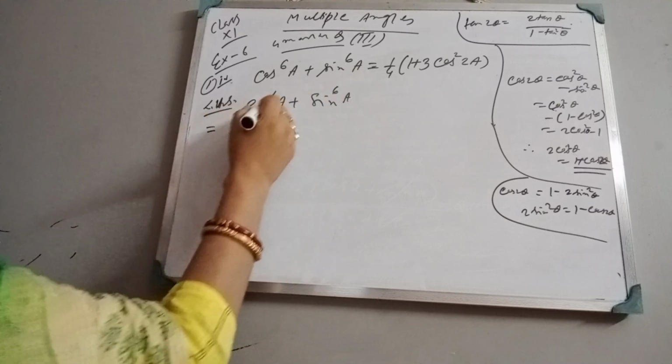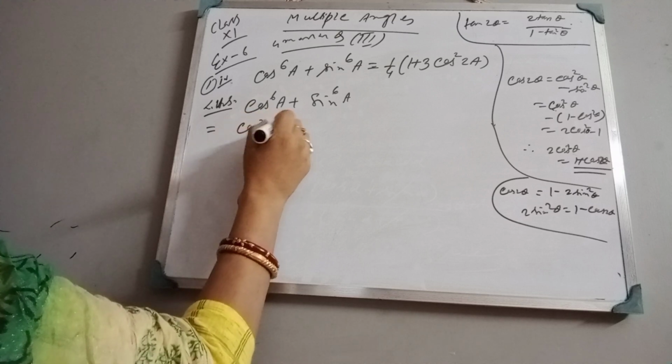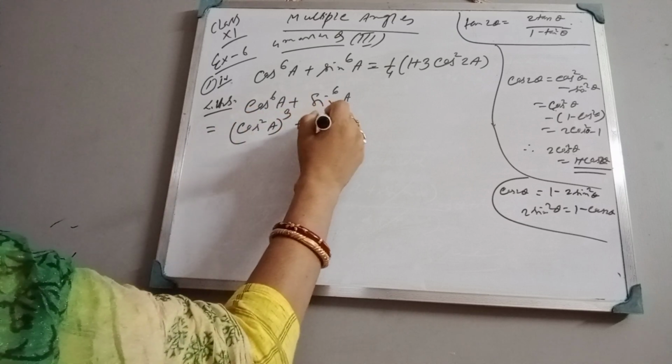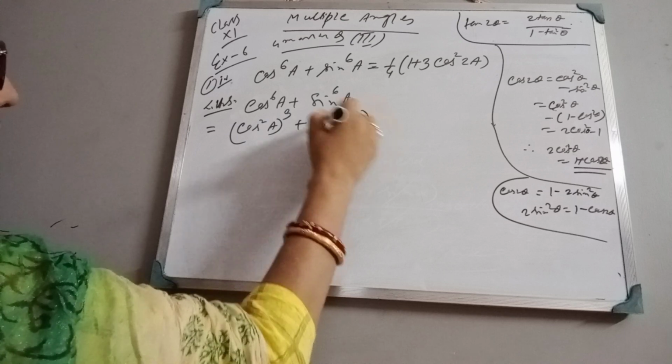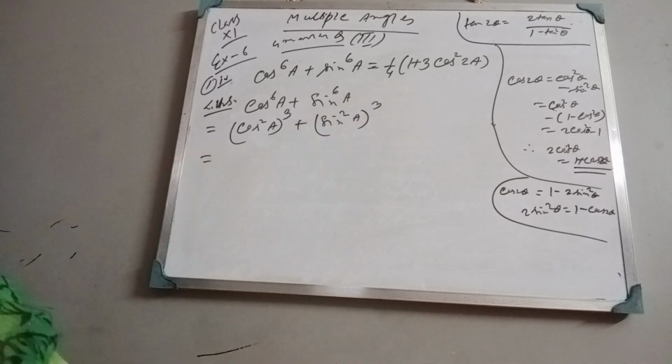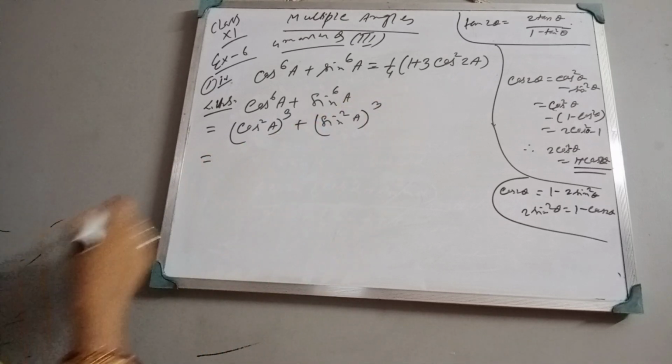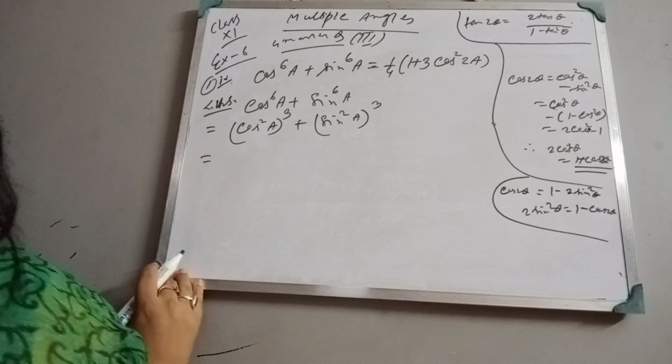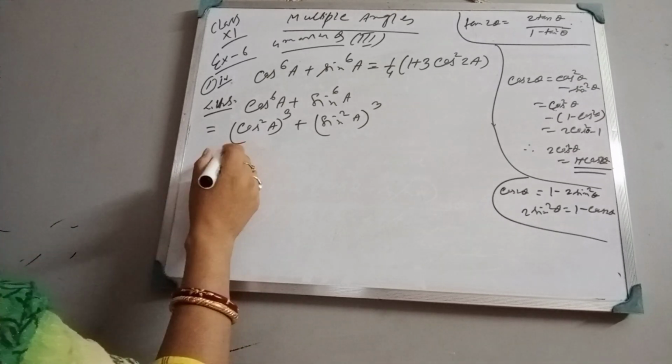Now cos to the power 6, we can write this as cos square A whole cube. Now a cube plus b cube is a plus b whole cube minus thrice ab into a plus b. That formula we will write.